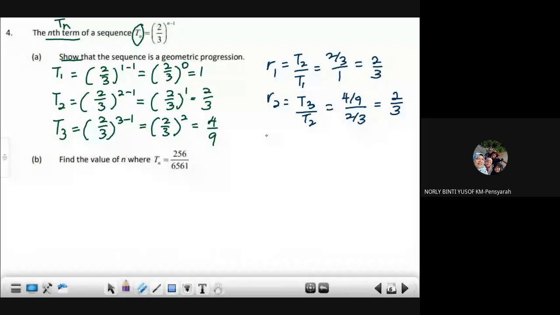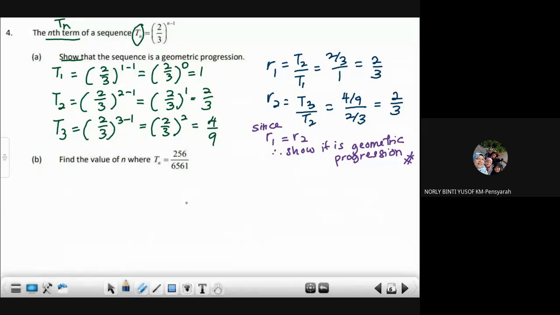So you kena conclude. Buat conclusion lah. Okay. Since R1 equals to R2, thus shown it is geometric progression. Okay, so that is for 4A.